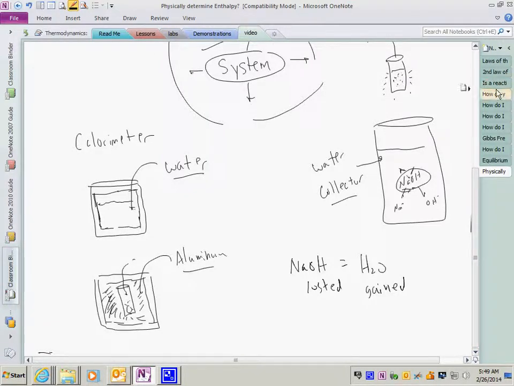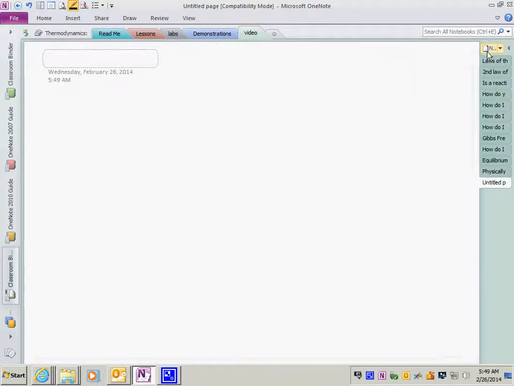Now let's flip to a new slide here, and let's talk about one particular concept, and that concept is called specific heat. This is a concept that I think is not as intuitive as some other ones.